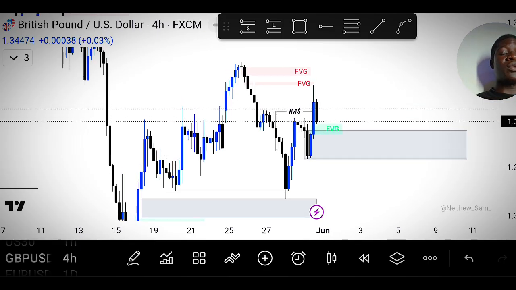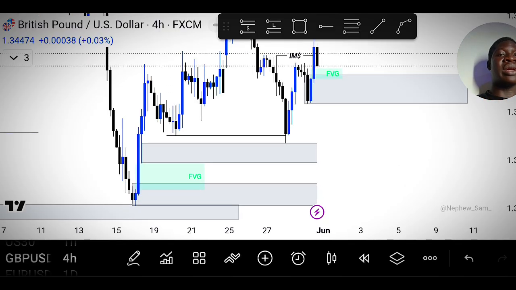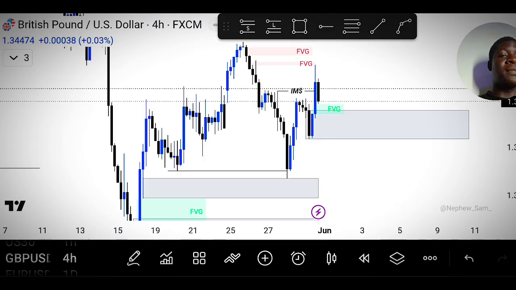And if the market doesn't align with my rules, I'm not going to take the trade. I'll just wait for the market to come to this area. But for now, I'm bullish on GBP USD.